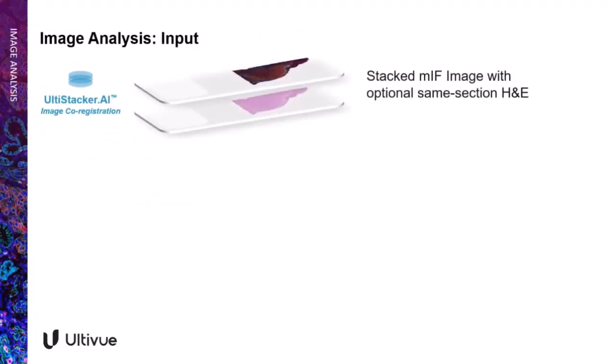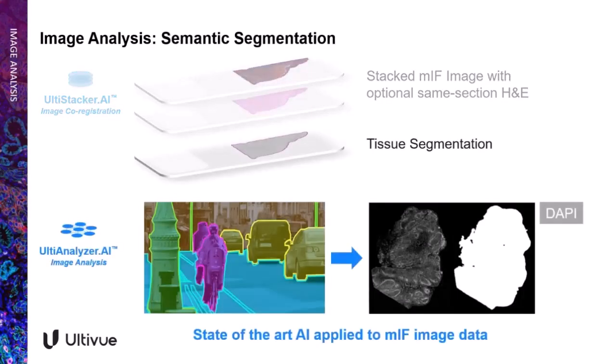For our image analysis, we take as input the previously co-registered image. H&E is optional. And here I have to say we really chose to use deep learning for every step in the image analysis process. So not just the cell segmentation, but really every step.